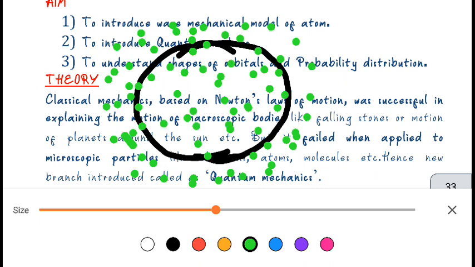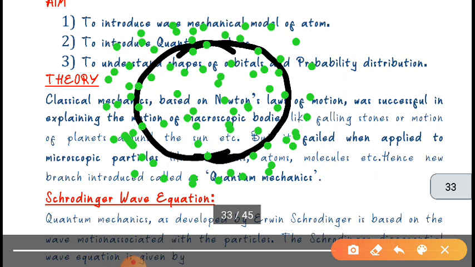I hope you are understanding this. This diagram is given in all books, you can refer to any book. Such a representation is called the electron cloud or charge cloud representation of an orbital. So this was the electron cloud representation of an atomic orbital.